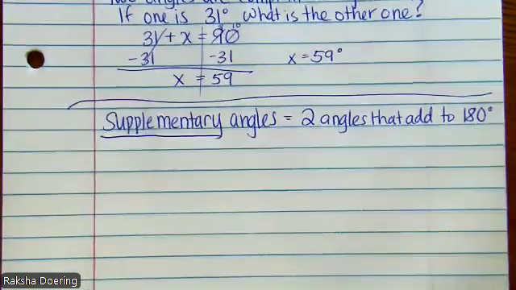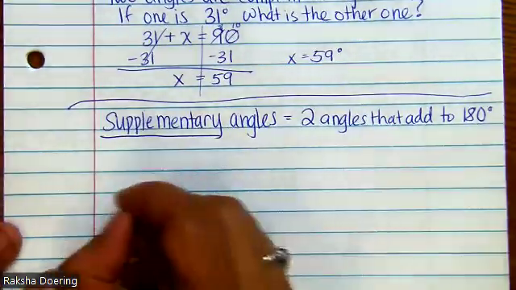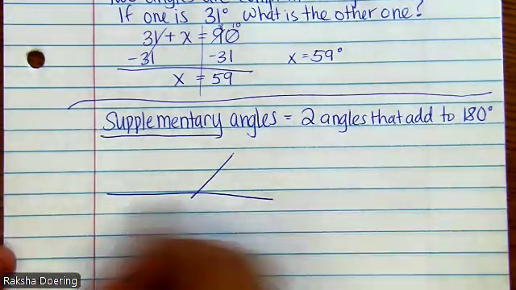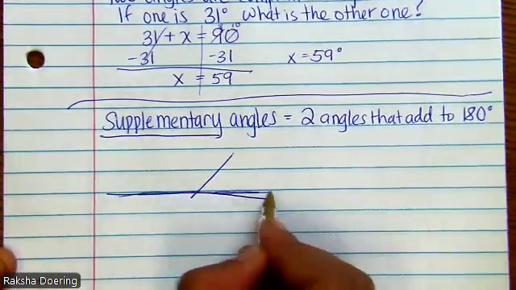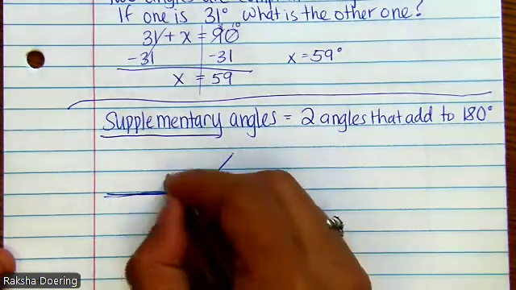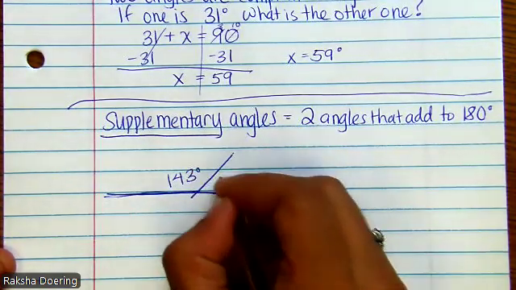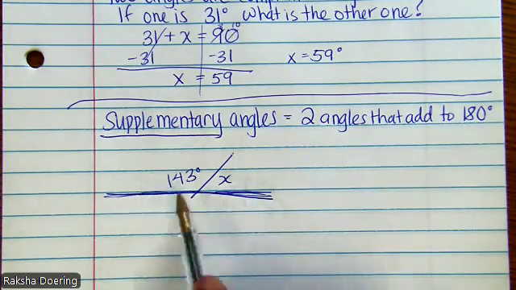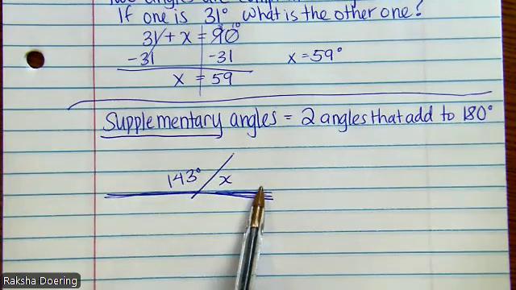On a picture, you could see two angles that add to 180 degrees being maybe two angles on a line. Let's pretend that line's straight. So if I have a straight line and I say this one's 143 degrees and that one's unknown, then I know these two angles are supplementary because they add up to 180.